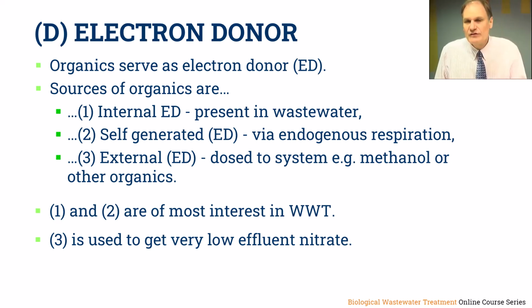These are the electron donors that we have present in the influent wastewater. Secondly, we would have what are called self-generated, by the biomass, electron donors. And these would be the electron donors that are generated via the endogenous respiration process, or you may remember we discussed this death regeneration process.